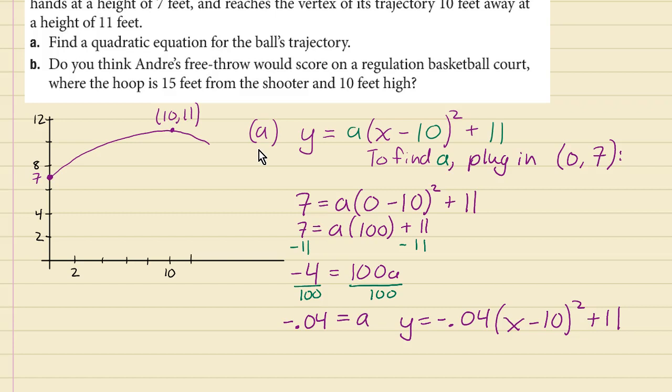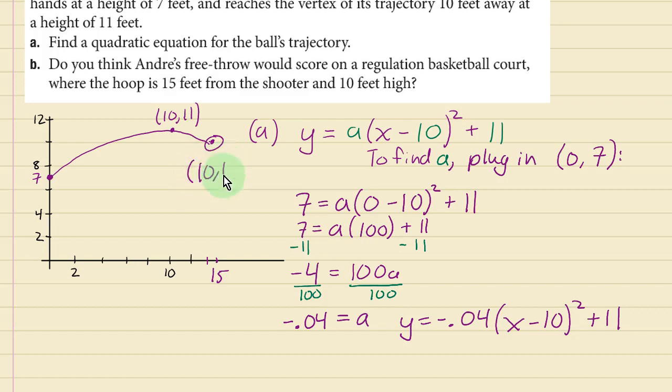So for part B, we want to know, is this trajectory going to go through the point where the hoop is, which is going to be 15 feet over here. So 10, 12, 14, 15 would be about here, and 10 feet high is here. That looks good, so we're saying that's the hoop. Let's see, is that a point on the graph?